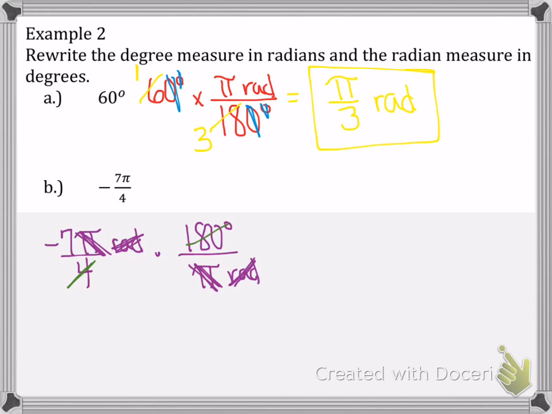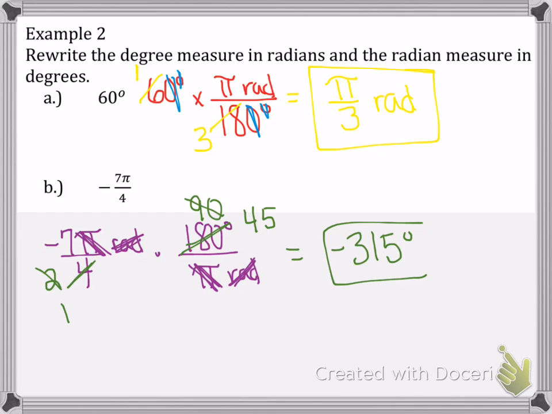Then 4 and 180 are both divisible by 2, so I get 90 and 2. And they're both divisible by 2 again, so I get 1 and 45. So then I multiply negative 7 times 45, so I get negative 315 degrees.